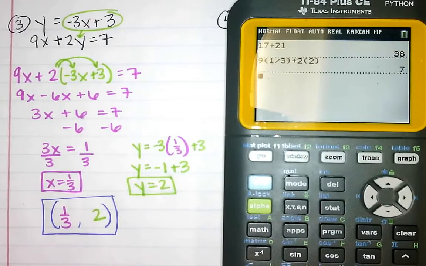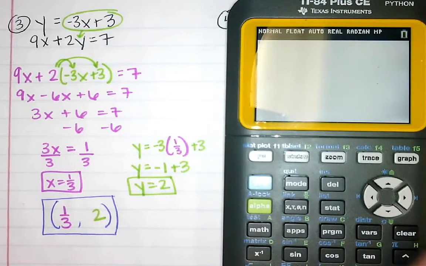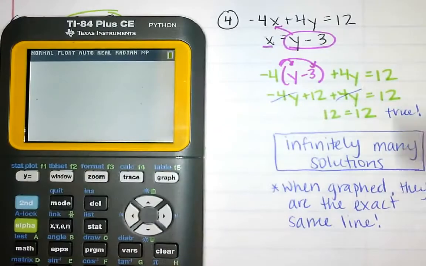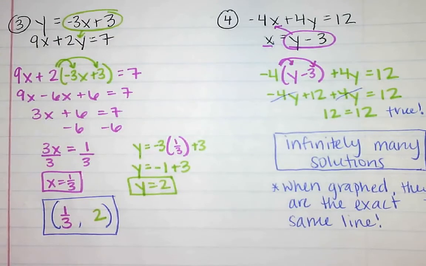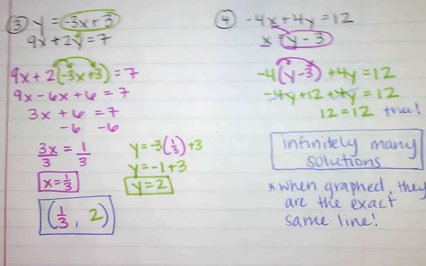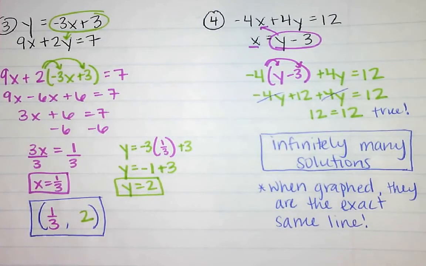All right, here we plugged in y minus 3 for our x value. And when we did that, our variables canceled. All right? But what we were left with was a true statement. And when your variables cancel and you're left with a true statement, you have infinitely many solutions. Do y'all feel good about that? If your variables cancel and you're left with a false statement, you have no solutions.